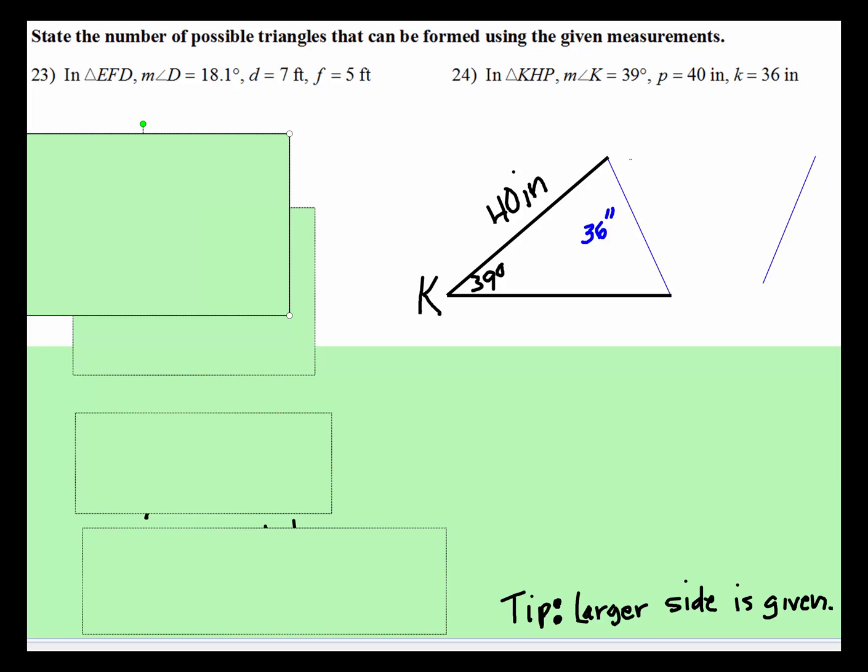So now let me do this so we're not looking at too much stuff. So we're given the information. Take that away for a second. So we have triangle KHP. So we know that this is side P. This is going to be angle P. This is going to be angle H. And look at what happens.